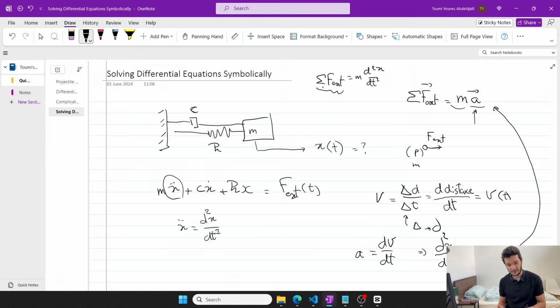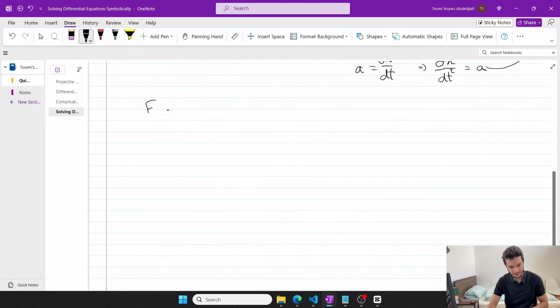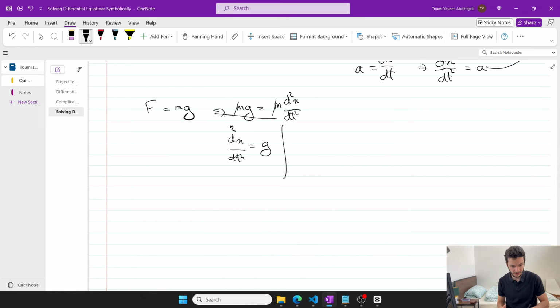Now, if you replace this external force, for example, with the weight of a body, for example, here this particle is submerged in the gravitational field of the Earth, which means that the force will be equal to m times g, which means that m times g is equal to m times the second derivative of x across dt squared. If we simplify here, we have d²x over dt squared is equal to g, which can be considered as a differential equation.